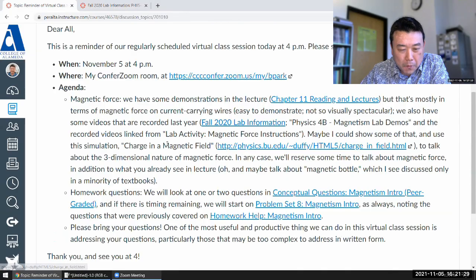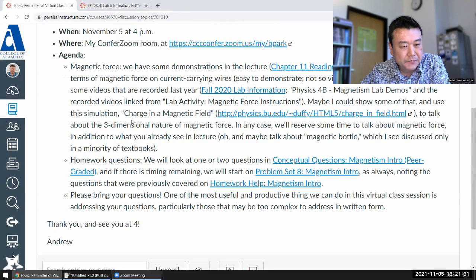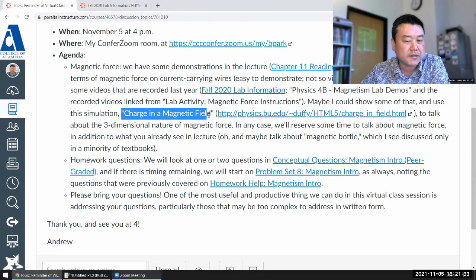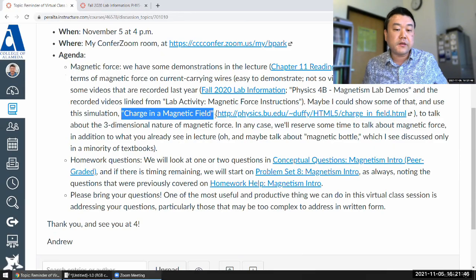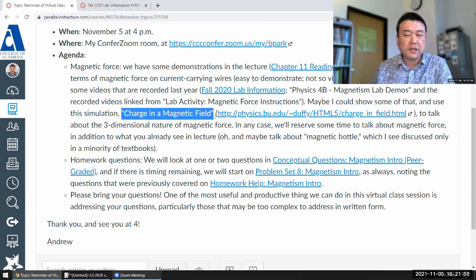Charge and magnetic field is one of those things that there aren't that many good simulations out for. I think it is quite difficult to simulate well, because what you have to simulate is a three-dimensional environment. If it's like doing 3D modeling, you have to be able to click and drag.